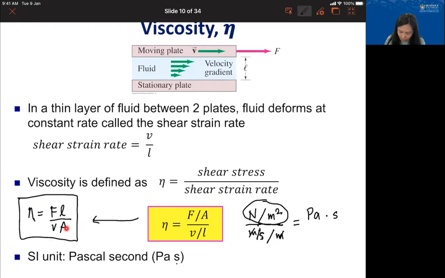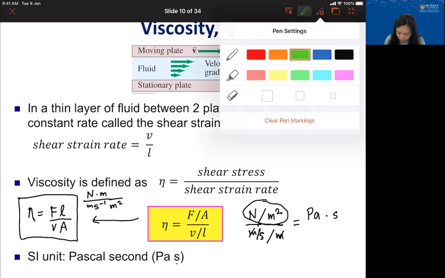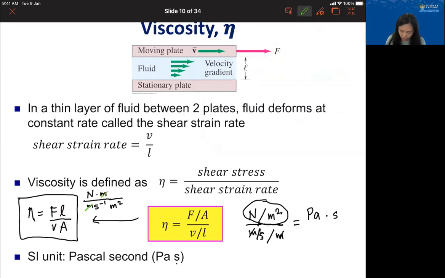So if we look at the units from here, force is newtons, length is meters, so times meters, divided by speed, which is meters per second, and the area is meters squared. Looking at this, one meter will cancel out.